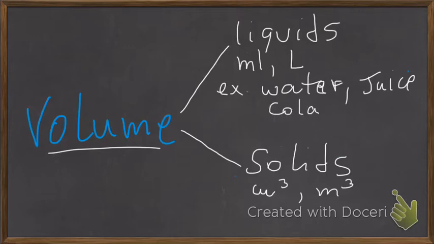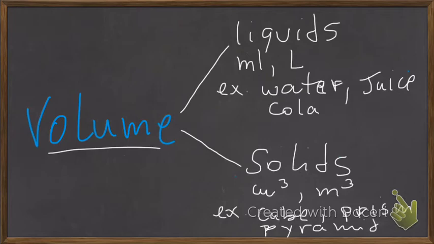For solids, three-dimensional solids, you can have a cube, a prism, or pyramids. So those are the solids. The units for the volume of solids should be cubic centimeters, cubic meters, and for liquids, milliliters or liters. I think that's all for that.